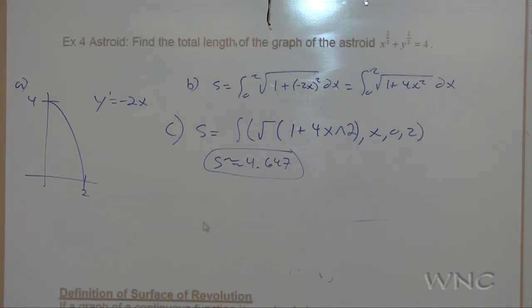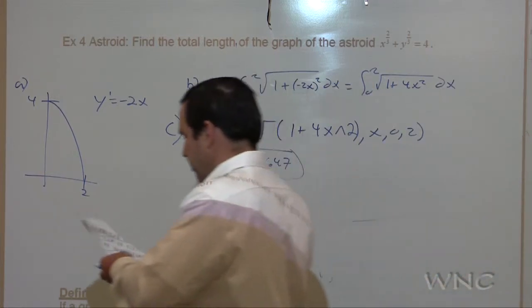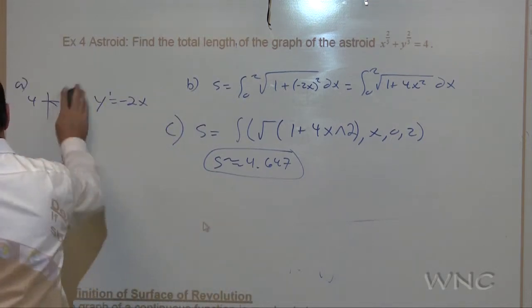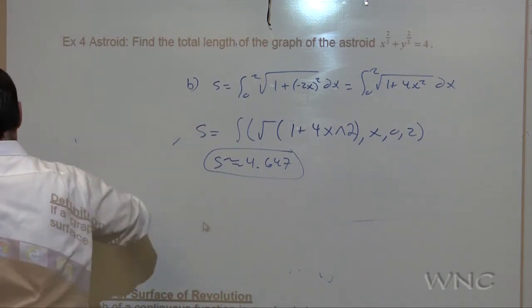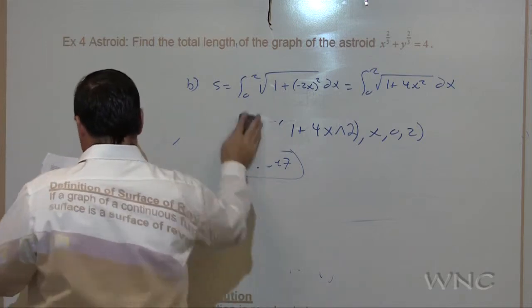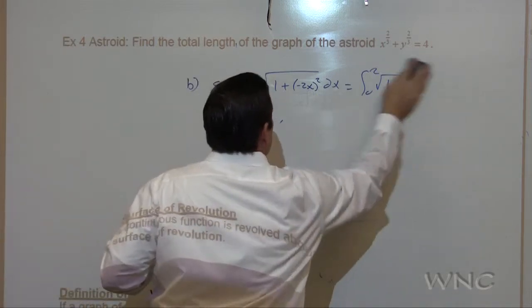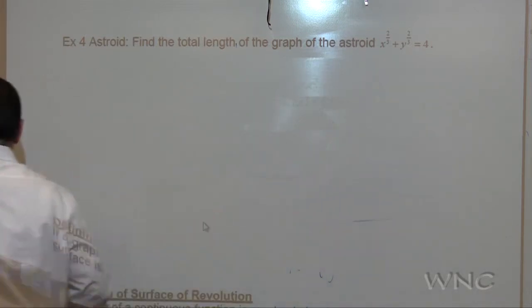Find the total length of the graph of the asteroid, x to the 2/3 plus y to the 2/3 equals 4. So the shape of this looks like the following.